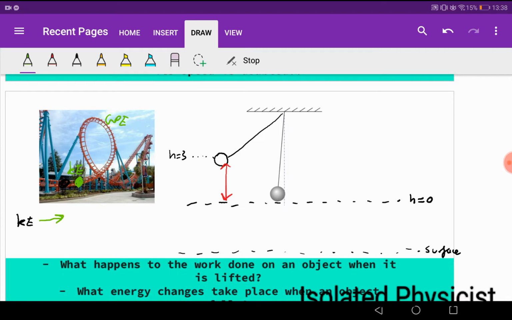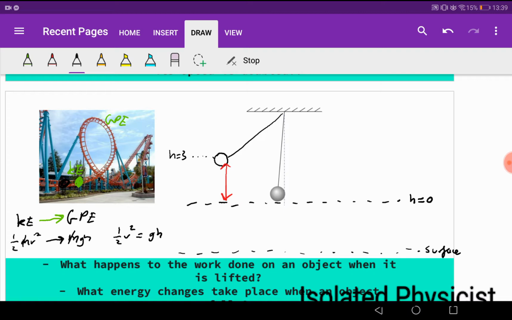So all of the kinetic energy might go into GPE. Well, in that case, you've got a half mv squared equal to mgh. And the m's would cancel there, so you'd have a half v squared equal to gh.